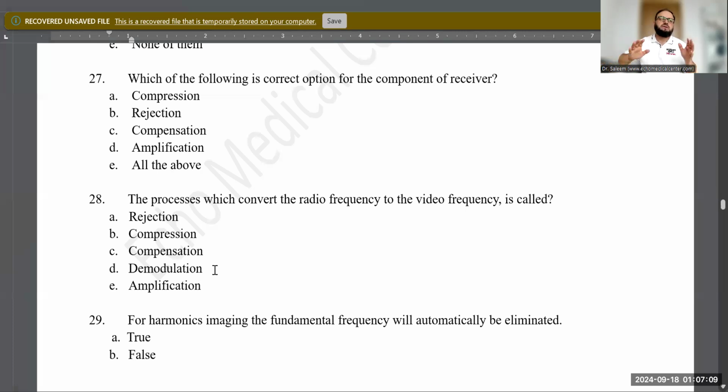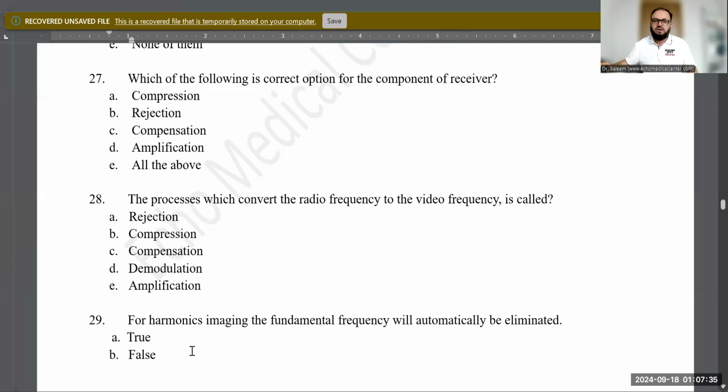Demodulation, because it will convert that radio frequency to video. All the rarefaction will also go to the compression side, and now everything will be compression on the cycles, and it will just envelope. Everything will be covered by an envelope, and then after that you will see it as a movable structure. So that will be like a movable picture. So that will be demodulation, correct.